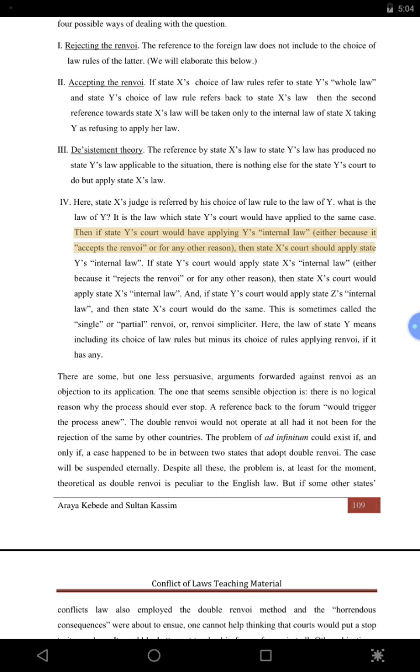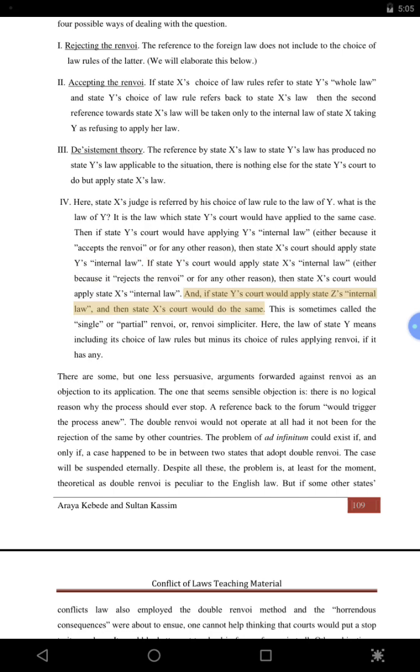Then if state y's court would apply y's internal law, either because it accepts the renvoi or for any other reason, then state x's court should apply state y's internal law. If state y's court would apply state x's internal law, either because it rejects the renvoi or for any other reason, then state x's court would apply state x's internal law.